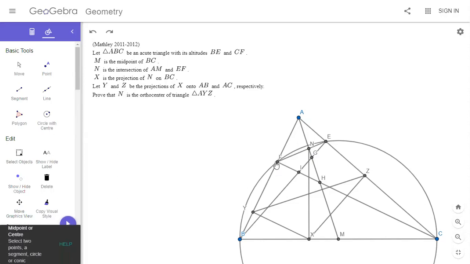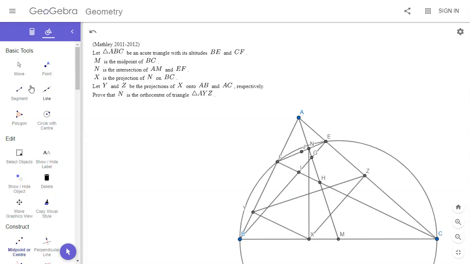Let me draw the midpoint of EF. So J and M are corresponding. I want to show that N and X are corresponding. And I know that MJ, I feel like I've done this before. This looks really familiar. So, I just want to show AJ and X are collinear, right? And I know MJ is perpendicular to EF.